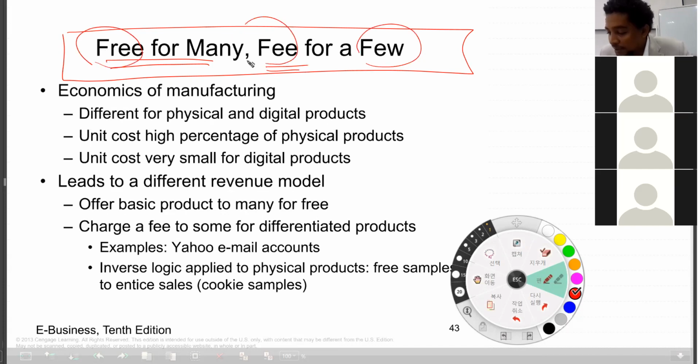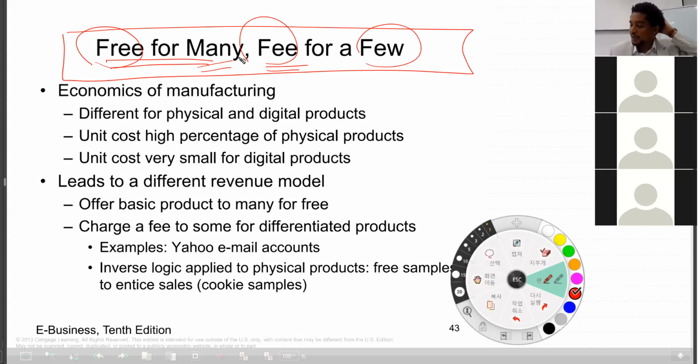And this is fee. So there are some web businesses that offer their services for free to many customers, and they charge only a few of them, okay? And there are also web businesses that charge many and give free to few, okay? So this is the economics of manufacturing.